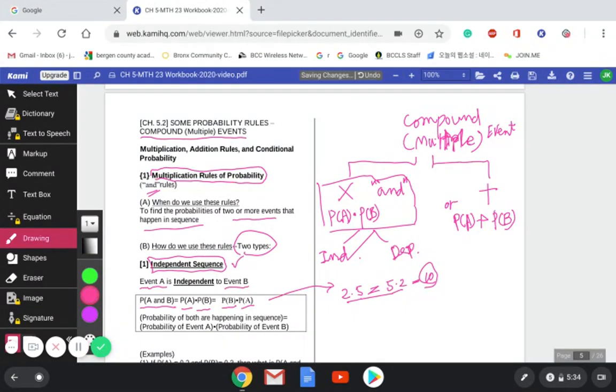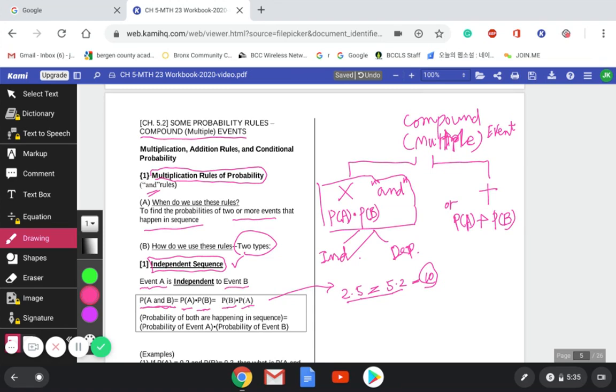Order doesn't matter. We call this the commutative property. In Math 5, we learned that. So probability of A and B is always the same as probability of A times probability of B, or sometimes you can get it by probability of B times probability of A.